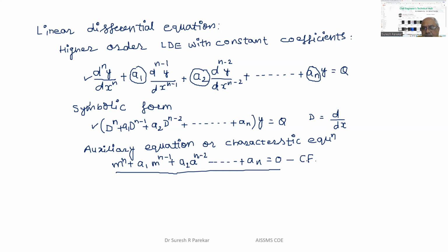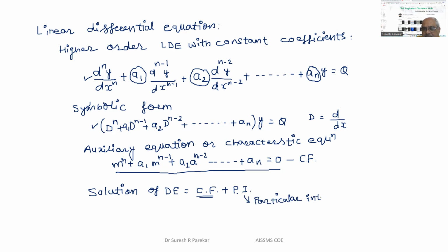Now, what is complementary function? So we have solution of differential equation. Solution of differential equation is equal to CF plus PI. CF we have complementary function which we are going to study in this video, and PI we have this as particular integral.